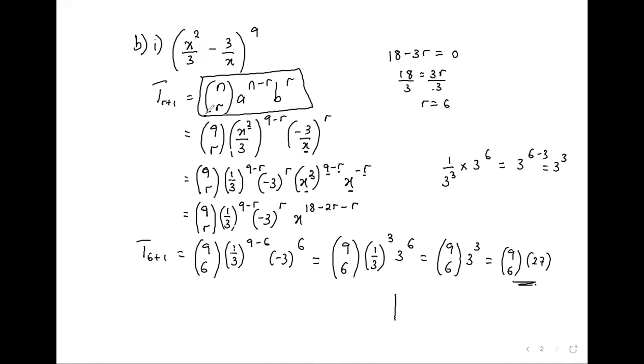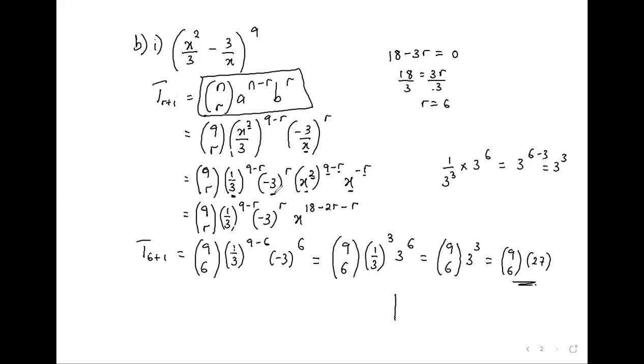Because I know if you have the formula, then the next thing is you substitute. So substituting there you must be very fast. Just check, oh, n is 9. So you put 9Cr, then x squared over 3, that's your a, to the power 9 minus r. Then your b is minus 3 over x, to the power r. From there again, you are removing everything from x. So you leave 1 over 3 alone, to the power 9 minus r.